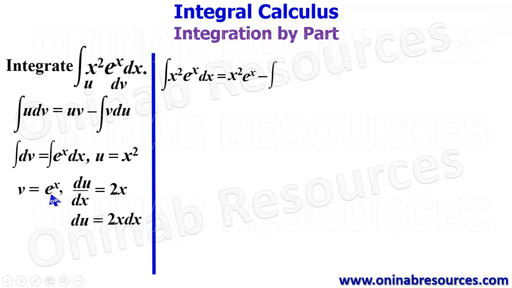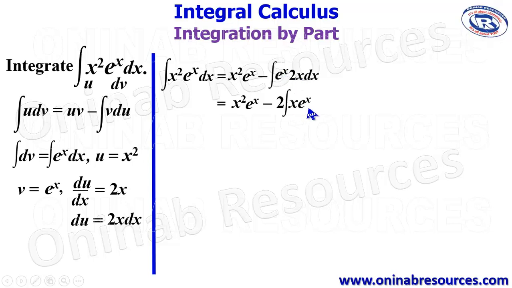Our v is e raised to power x, and our du is 2x dx. So we have 2x dx. We rearrange this and bring this constant outside the integral, so that we now have x squared e raised to power x minus 2 integral of, we are left with x e raised to power x dx.